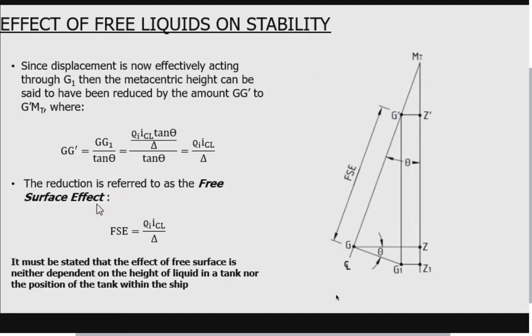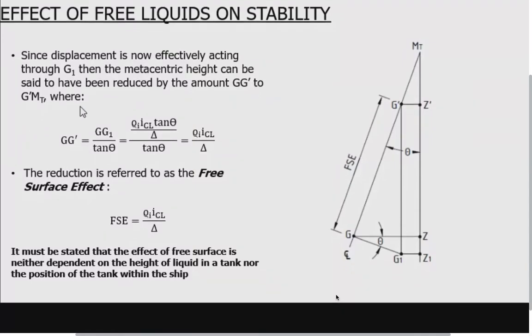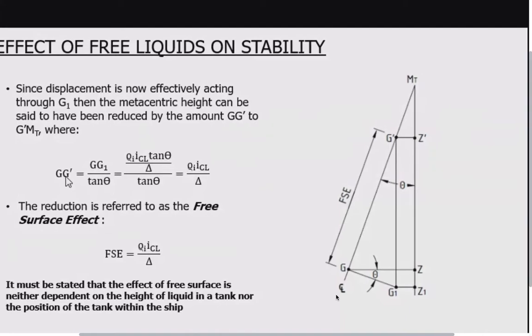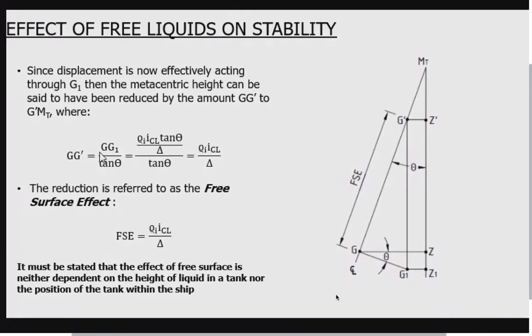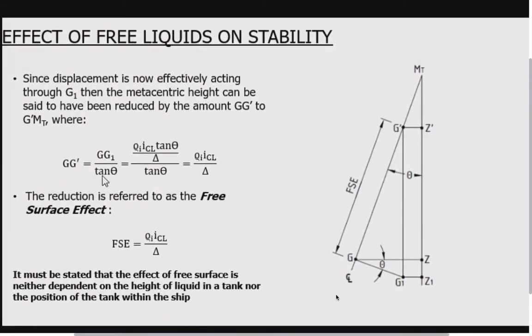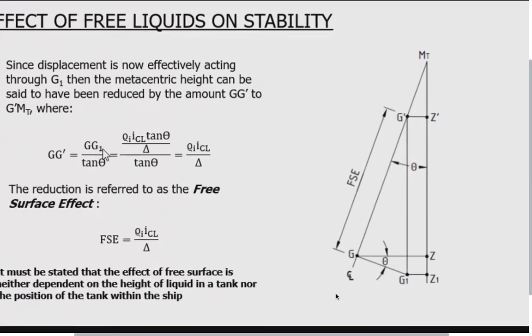All right, let's go on. Since displacement is now effectively acting through J, the metacentric height can be said to have been reduced by the amount of GG1, where GG1 is equal to the center of gravity to the center of gravity 1 all over tan theta.